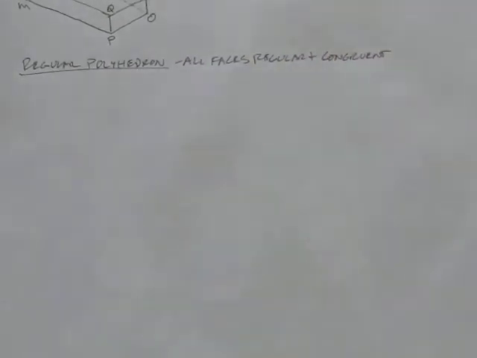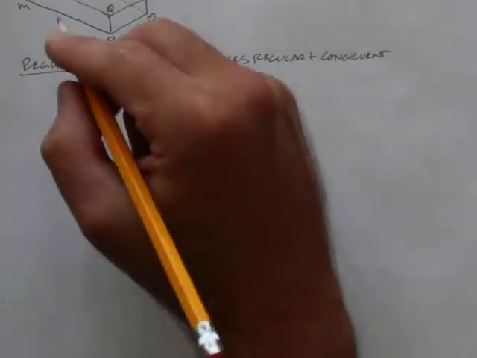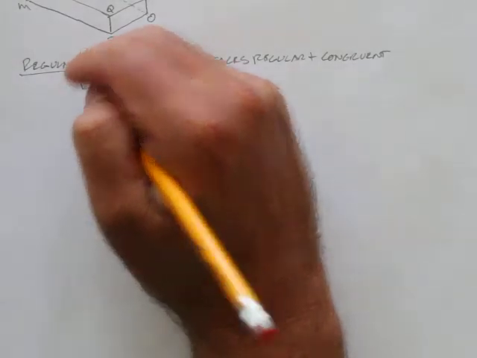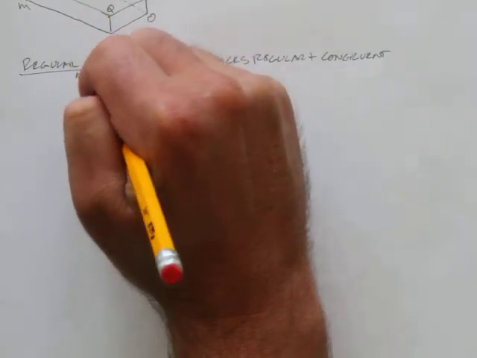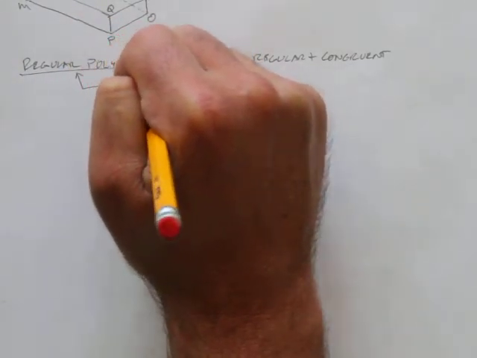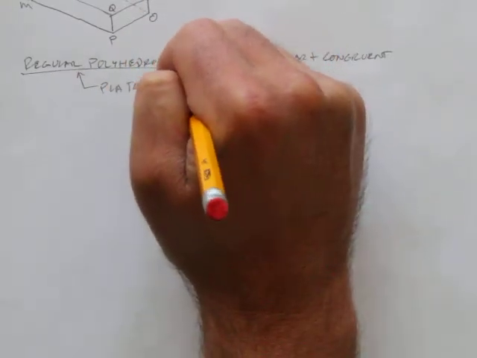All of the faces of a regular polyhedron are congruent and they're all regular, meaning all of their sides are congruent and all of their angles are congruent. So another way to say this is Platonic solids.